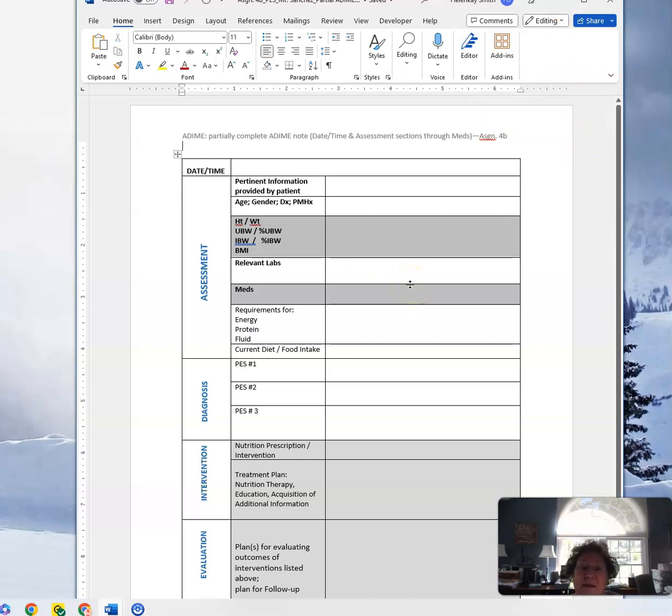Here we see portions of the ADIME note ready for you to complete. You'll use that case study information and fill in the details you know. Again, we will explore some of the possible PES statements on Tuesday evening. This will help you with your workload. By the end of the week, you should be able to fill in the information in the white sections on this.